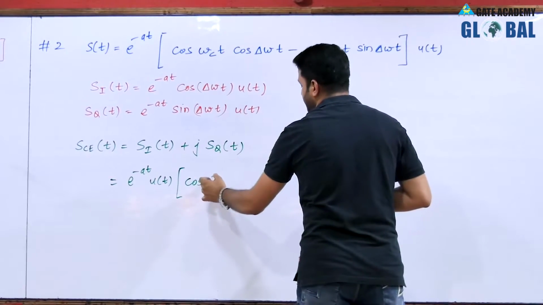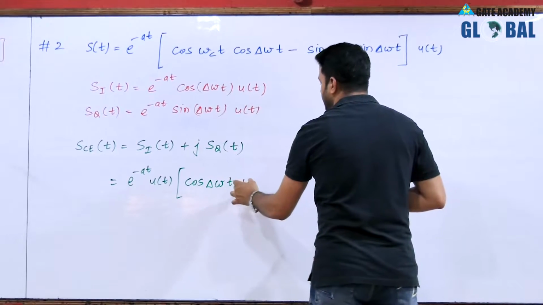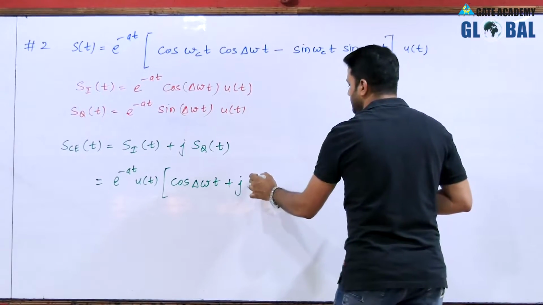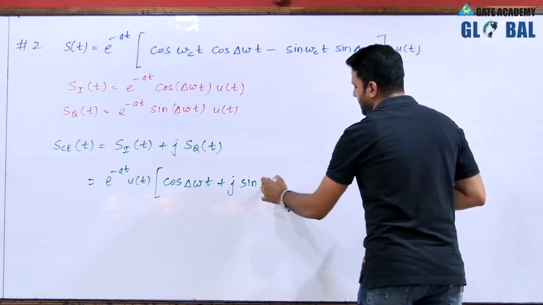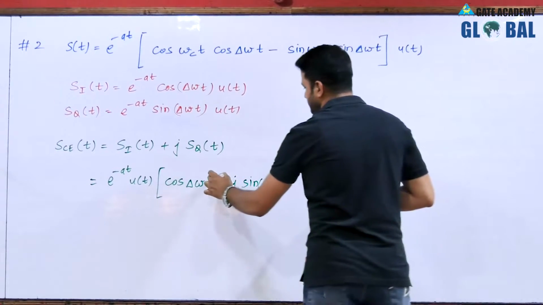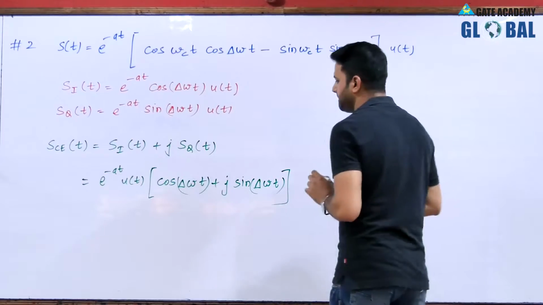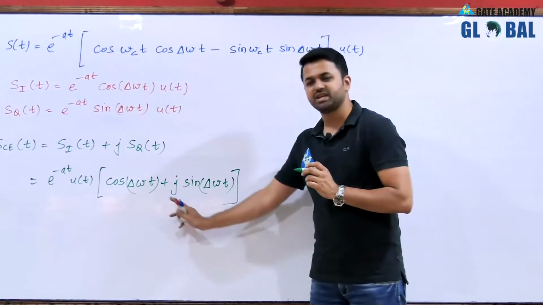The coefficient of the in-phase component is cos delta omega t, plus j into the coefficient of the quadrature component, which is sine delta omega t. Now this is cos theta plus j sin theta.